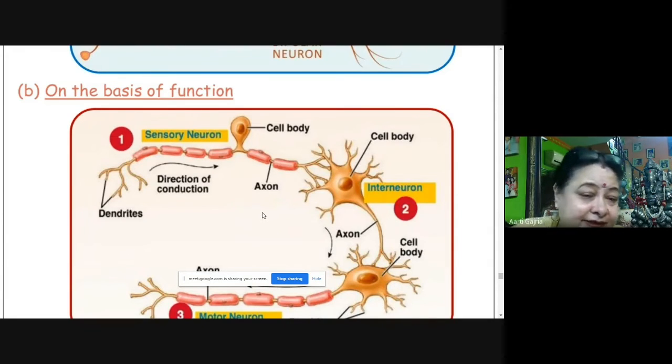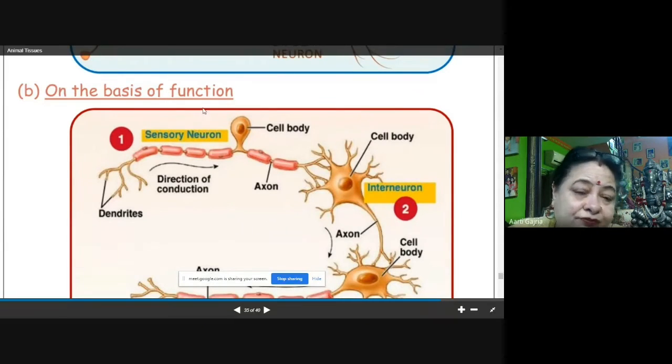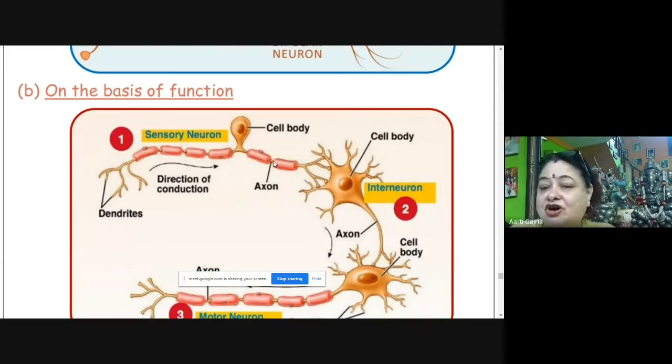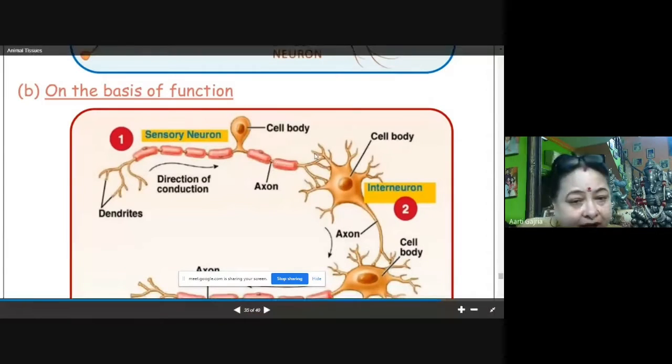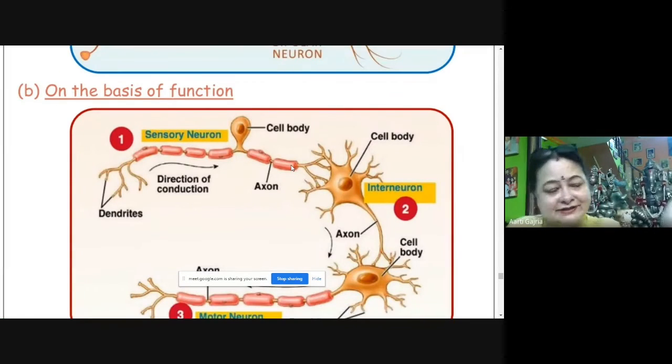Now the axon is the structure of the neuron which is responsible for transmitting the nerve impulse, the electric impulse, from one nerve to another. So the connection is between the axon and the dendrite of the next neuron, because the axon of one neuron is giving the information and the dendrite of another neuron is receiving the information.